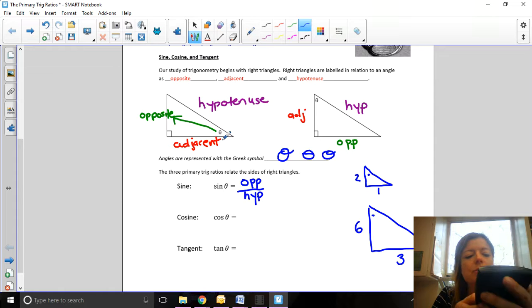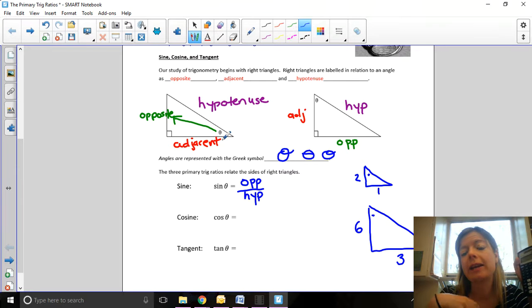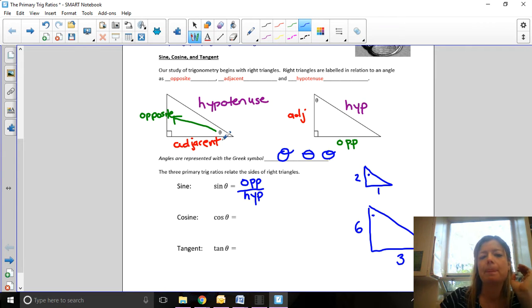That's what that means. If you do sine of 30 degrees, you get 0.5 or 1/2. So that means opposite to hypotenuse is a 1 to 2 ratio, no matter how big the triangle is, if that angle is 30 degrees in that case, okay?